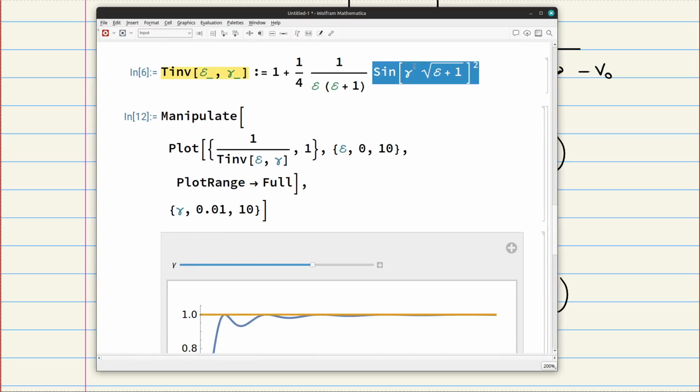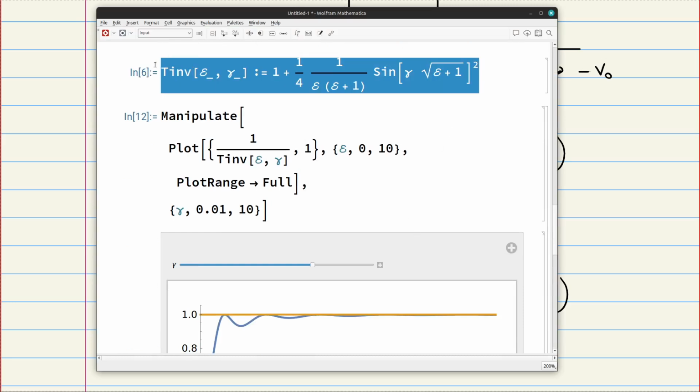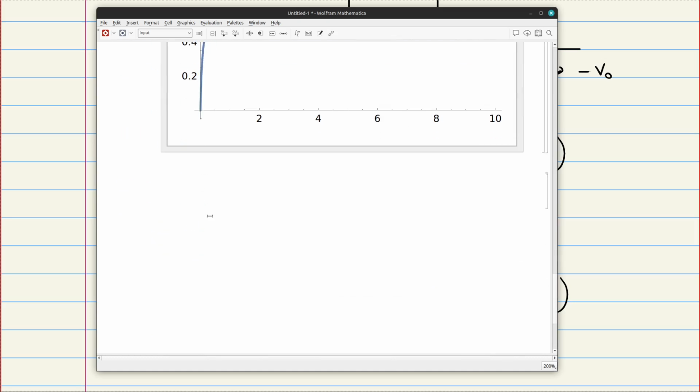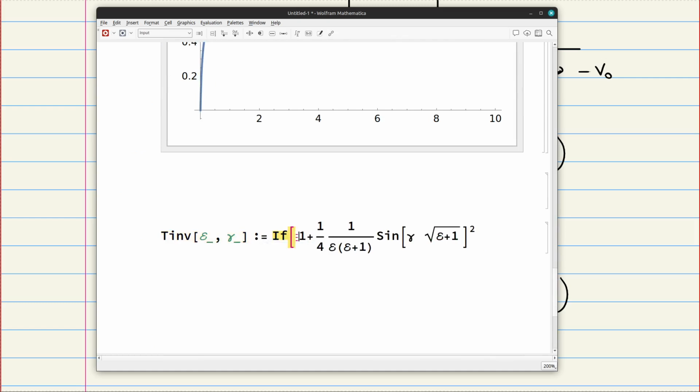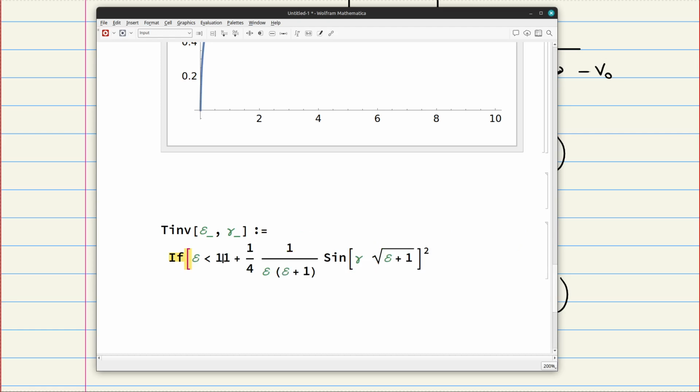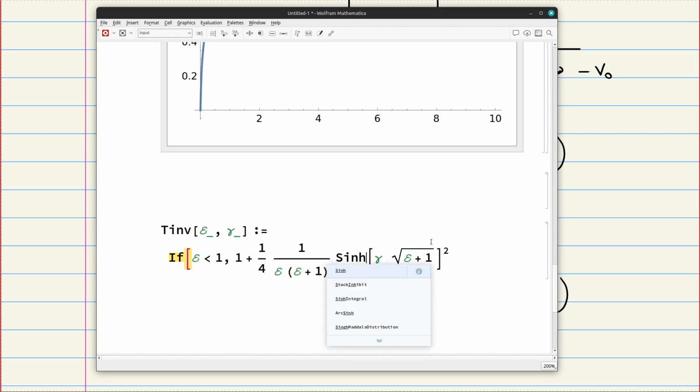So I want to take this guy and I want to define an epsilon, and this epsilon is, this thing is less than 1. So this is the barrier tunneling. If I have the barrier tunneling, this thing is sine hyperbolic.